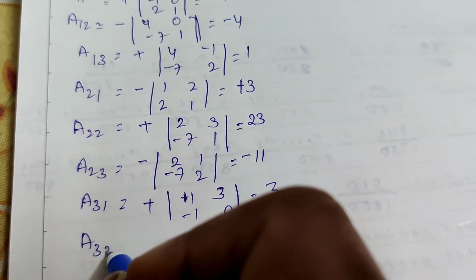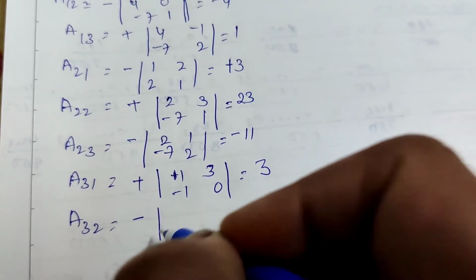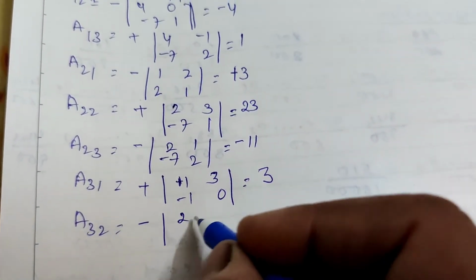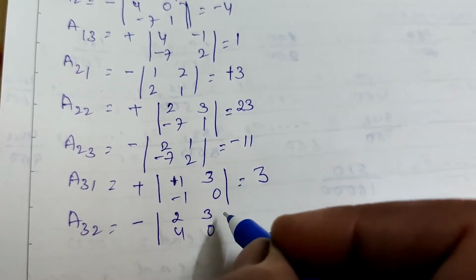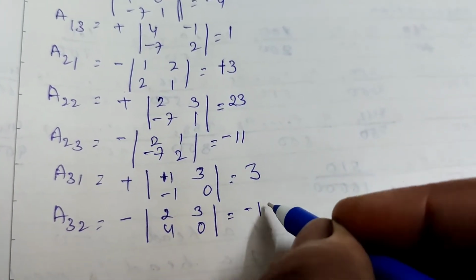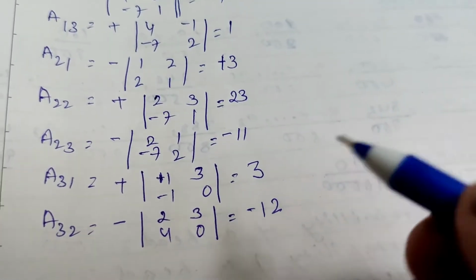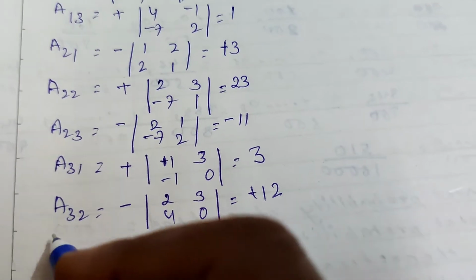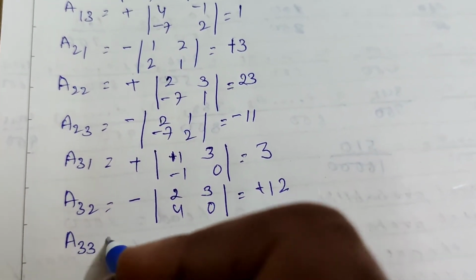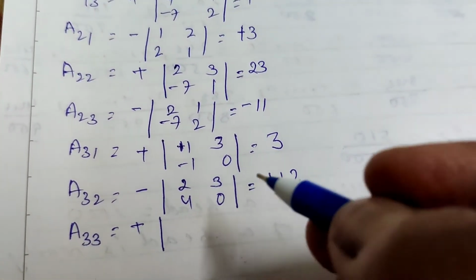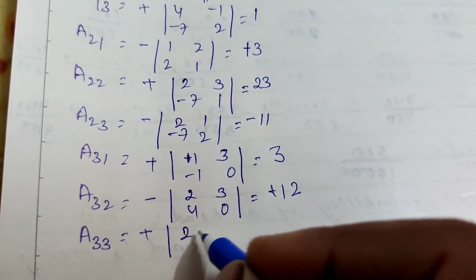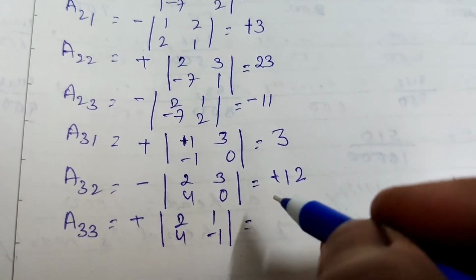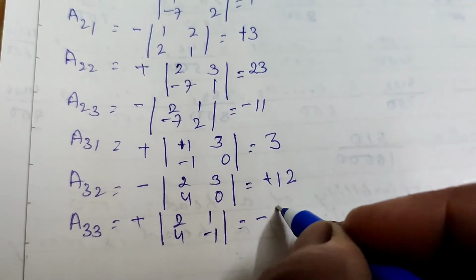A32: minus, third row second column, 2 3 4 0, minus 12. Here minus 12 or plus 12. And A33: plus 2 1 4 minus 1. It is minus 2 minus 4, minus 6.